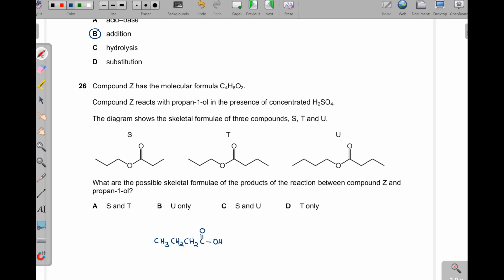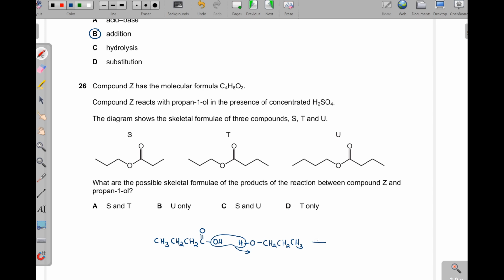So the carboxylic acid in such a reaction loses the OH, and then the alcohol loses the what? The hydrogen. Okay, so we are going to have CH2, propan-1-ol, CH2, CH2, and CH3 here. So this one loses the hydrogen, the alcohol, and then the carboxylic acid loses the OH, and then water is given off.